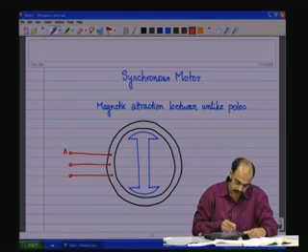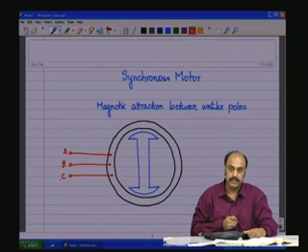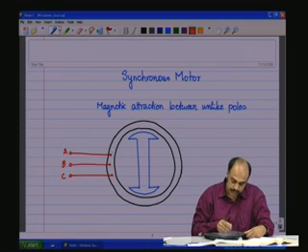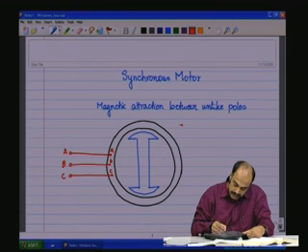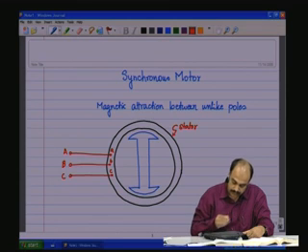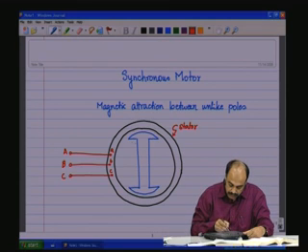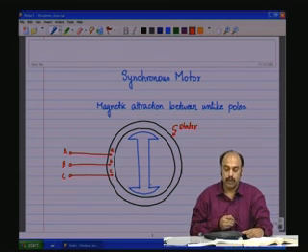So we have the A, B and the C phases which are connected to the A, B and the C phase of the stator terminals. So this is the stator and the blue inner salient pole is the rotor. Okay.